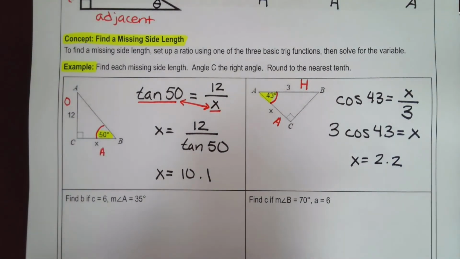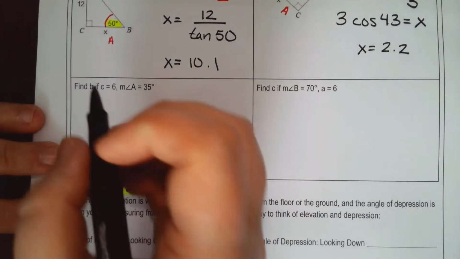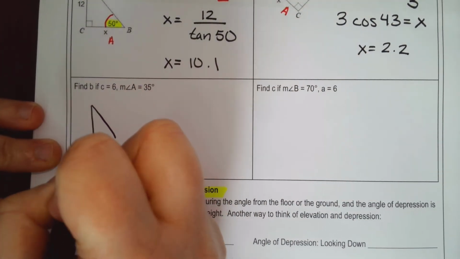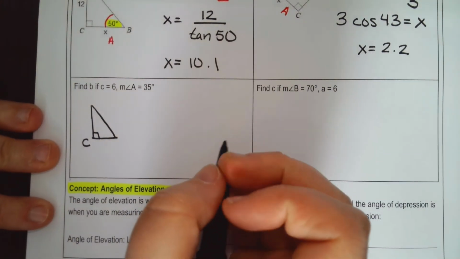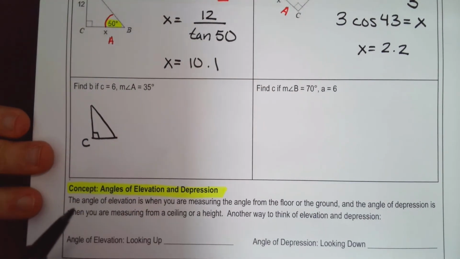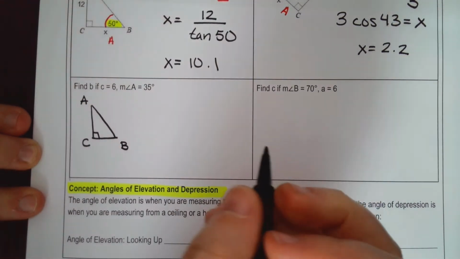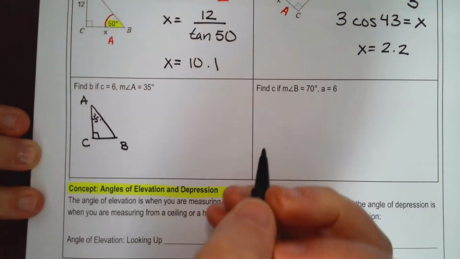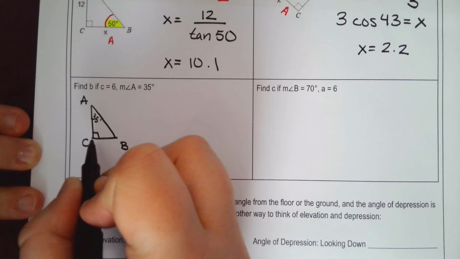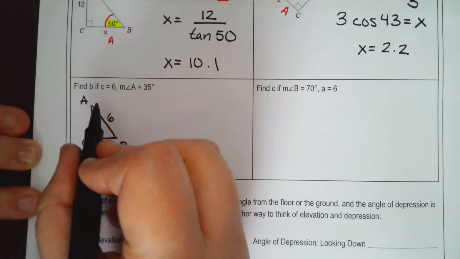Now, on some of your problems, you will not have the triangle set up for you. So we have to set it up. In these ones, I just do a basic right triangle. Your right angle is always C. You can decide what you want your angle A or B to be, but I just like A, B. So they tell us angle A is 35 degrees, and length c, which is across from angle C, is 6, and we want to find little b.